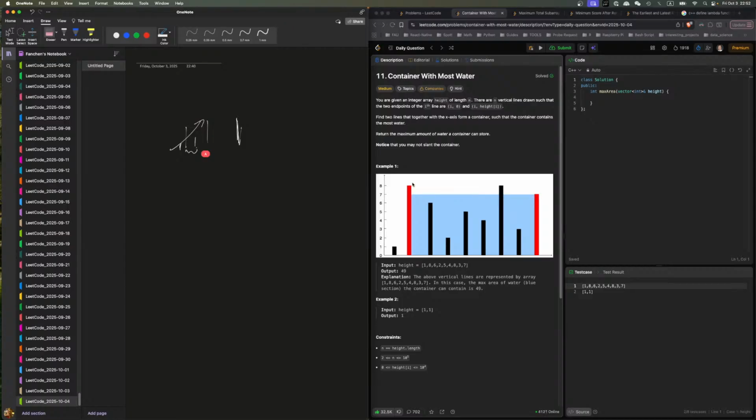So I go from right to left. I'm here, so I want to find the first, that's this. And I move here, because this is bigger than this. So I move here.